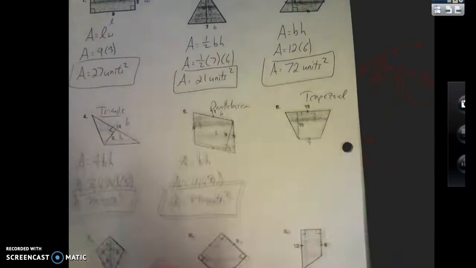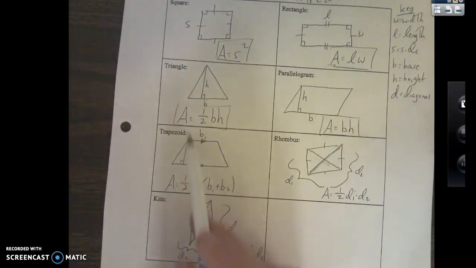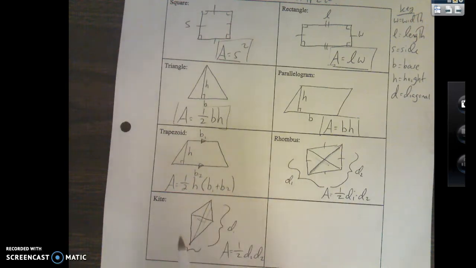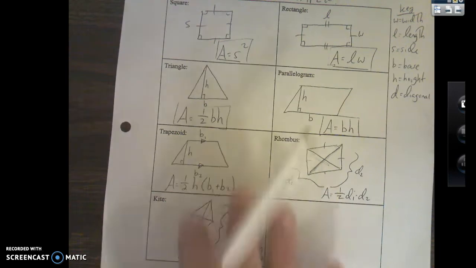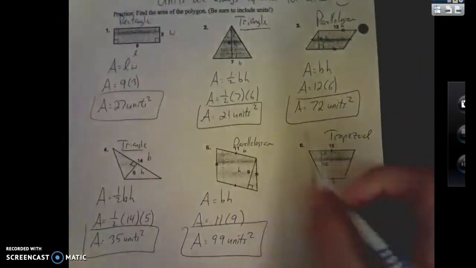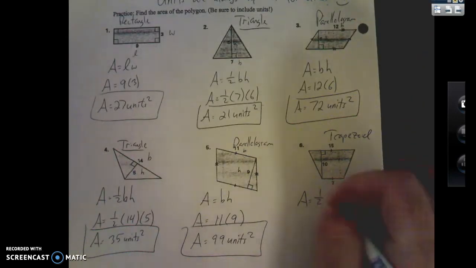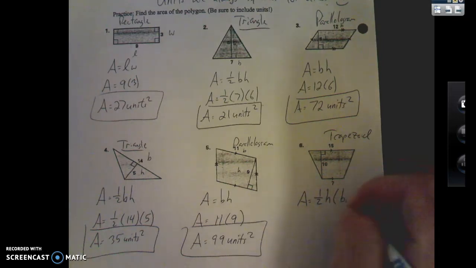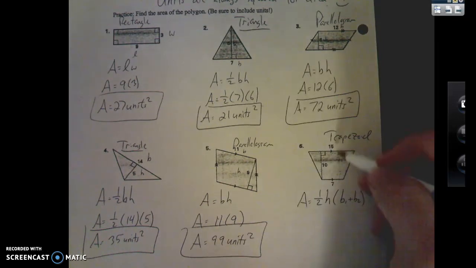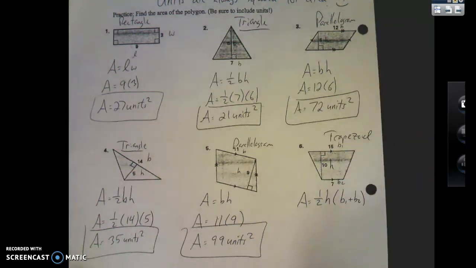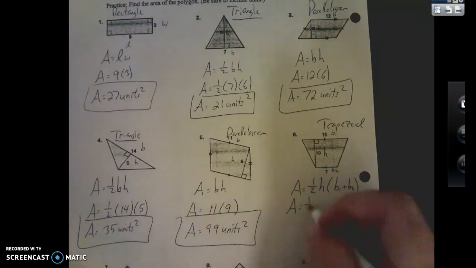Alright, so let's label everything correctly. First off, I come over here, trapezoid. My parallel sides are my B1 and B2. The distance across them is my height. Here's my formula. So I'm going to copy that down. Area equals 1/2 height times base 1 plus base 2. The parallel sides are my B1 and B2. The distance in the middle is height. So we're looking at 1/2.